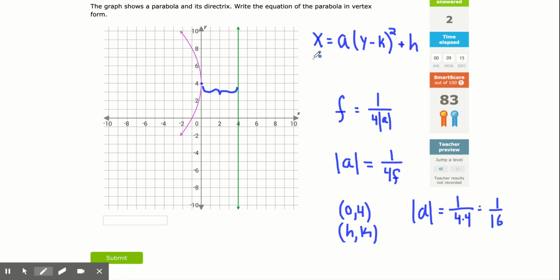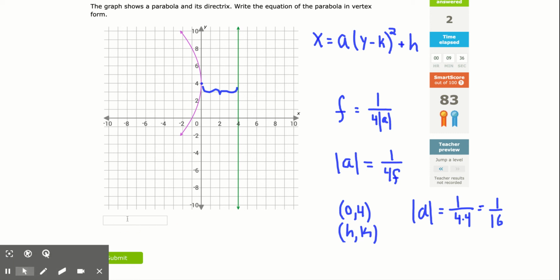I also know it's going to be a negative 1/16 because it's open to the left. This formula, remember, doesn't tell you whether a is positive or negative. It gives you the absolute value of a. And so you need to look at it and decide whether it's positive or negative based on whether it's open left or right, or up and down.